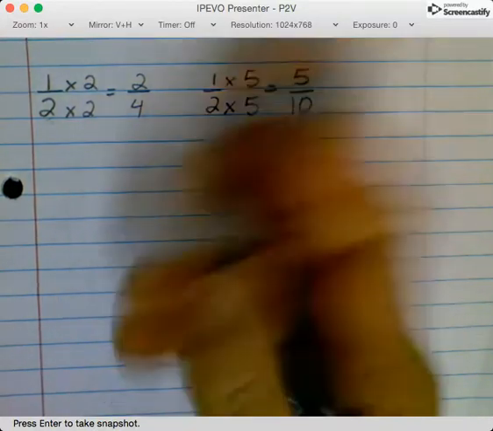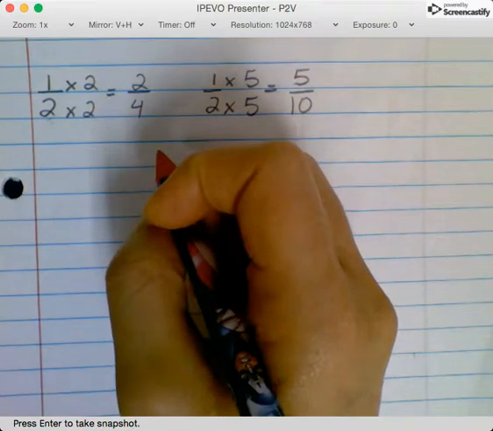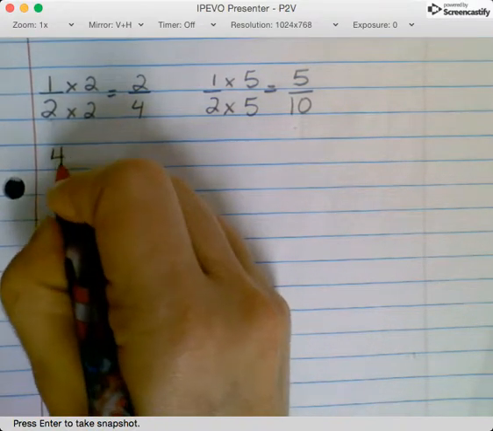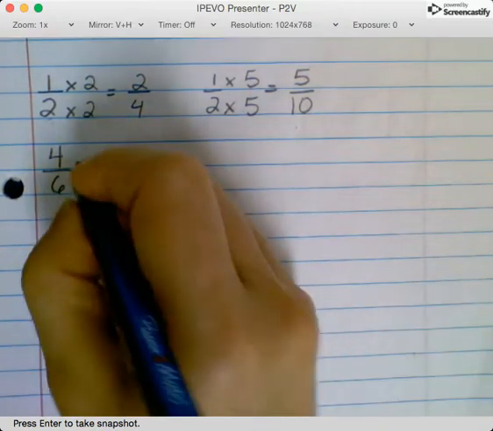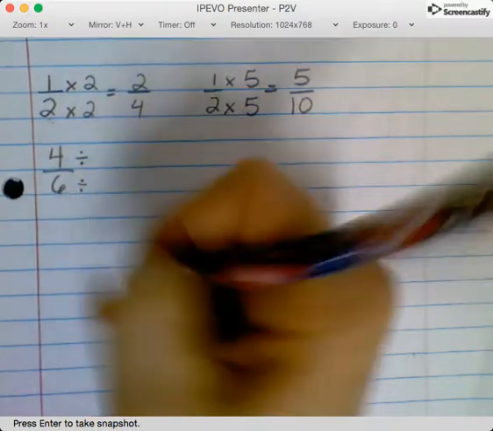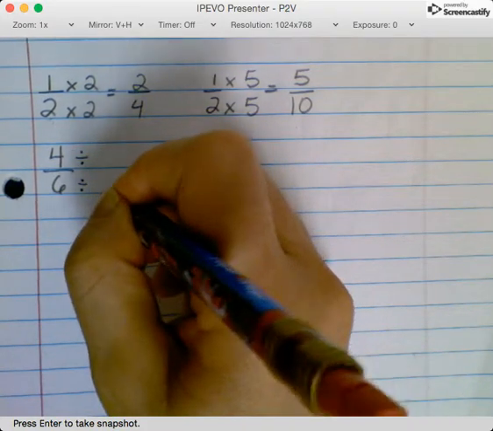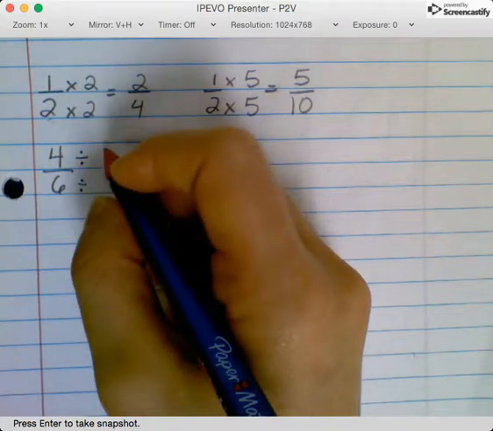Another way you can find equivalent fractions is division. So if I use division, I would have to be able to divide both the top and the bottom number, or the numerator and the denominator, by the same thing. Okay, you cannot divide one by one number and one by another number. They have to be divided or multiplied by the same exact number.